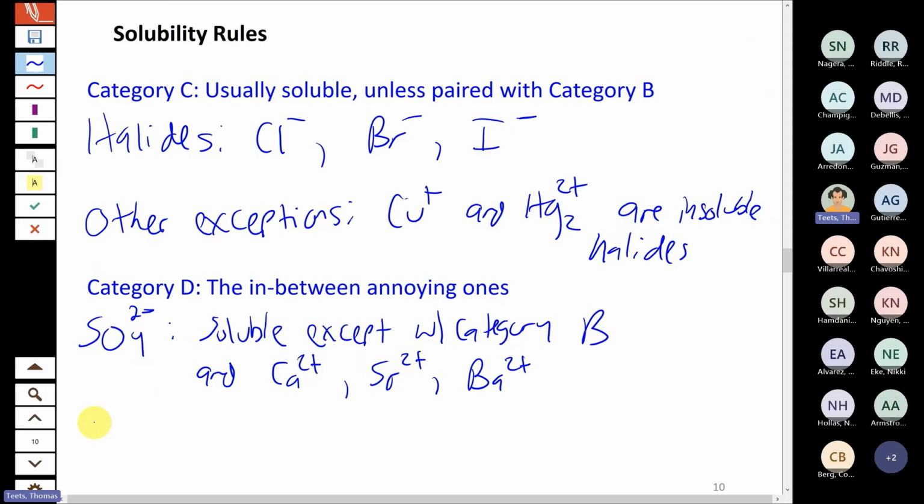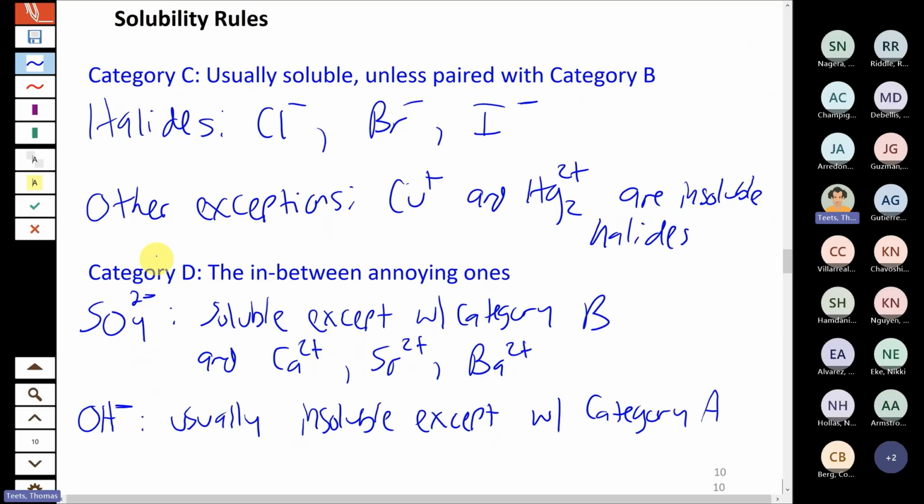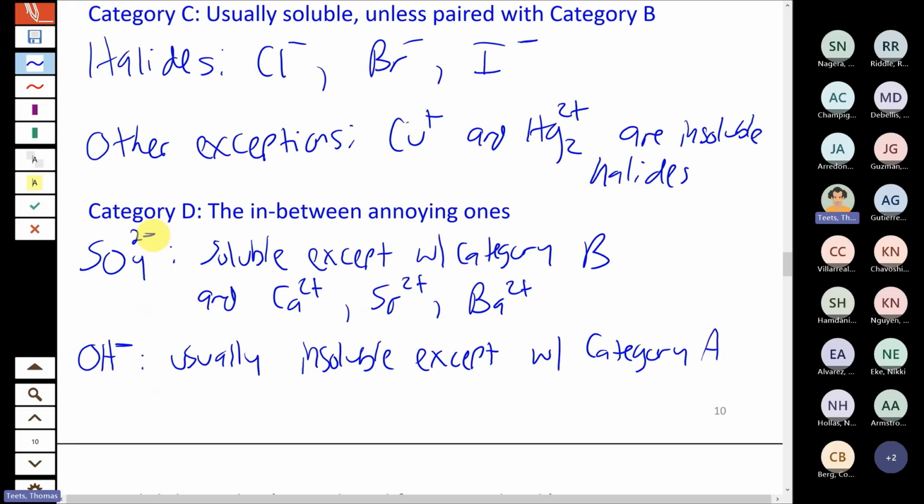And then OH- has the same exceptions but works in the opposite way. Compounds with hydroxide are usually insoluble, except if the cation comes from category A. So if it's sodium, lithium, potassium, and so on, those hydroxides are soluble because those compounds are always soluble. So they're usually insoluble, but they have the same exceptions where it just works in the opposite direction. So calcium, strontium, and barium hydroxide are also soluble.